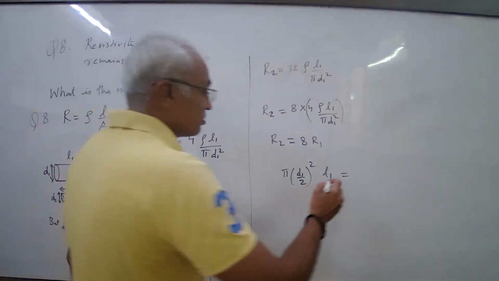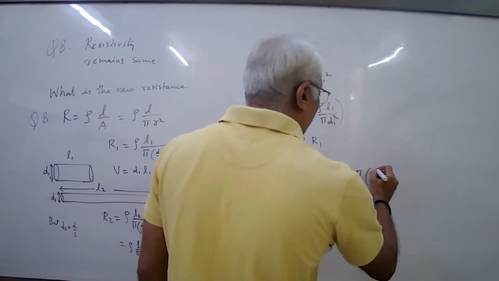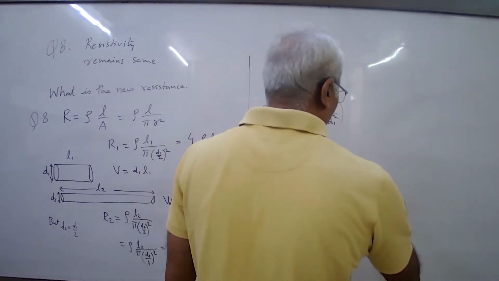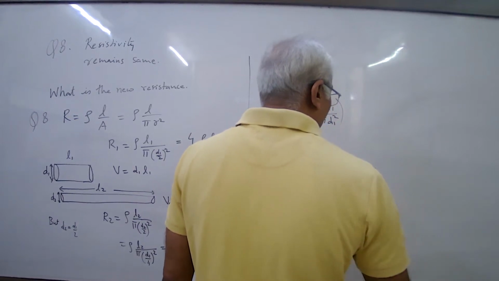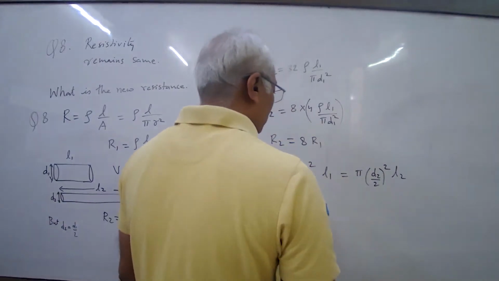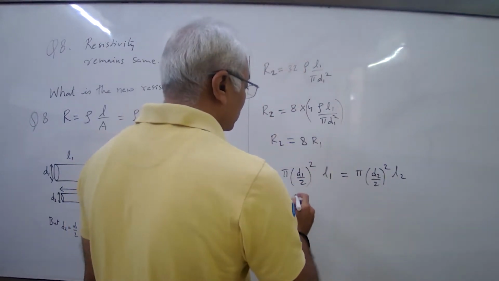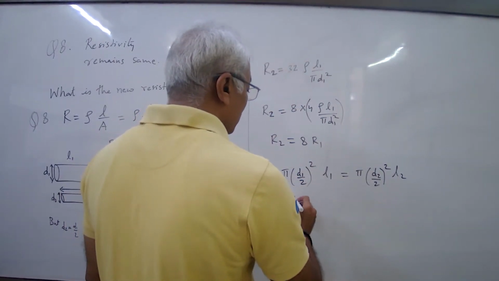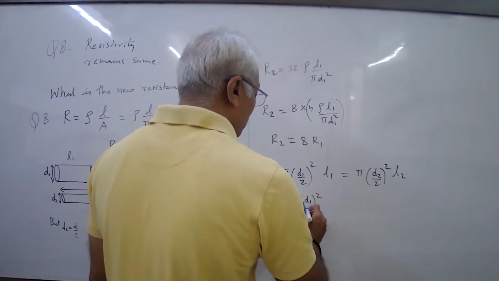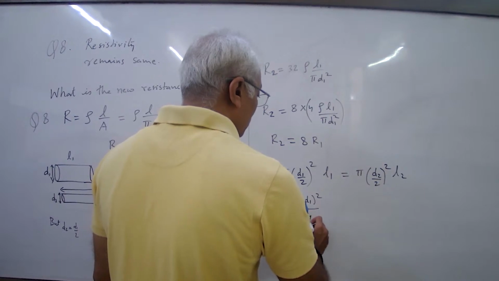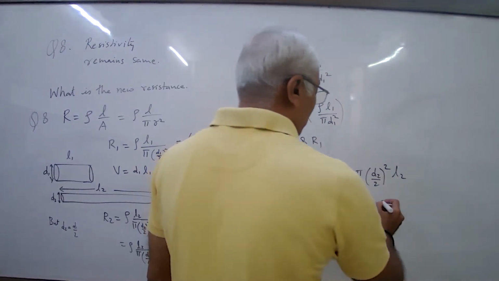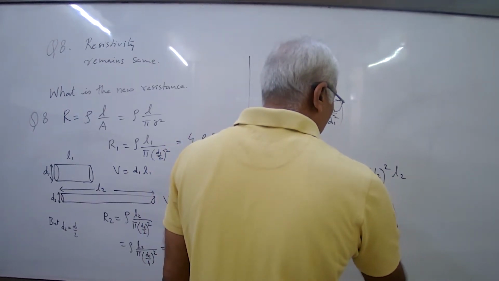And this will be D2, and what is D2 by 2? So this will become D1 by 4. Now D2 is D1 by 2, so this will be D1 squared by 16.